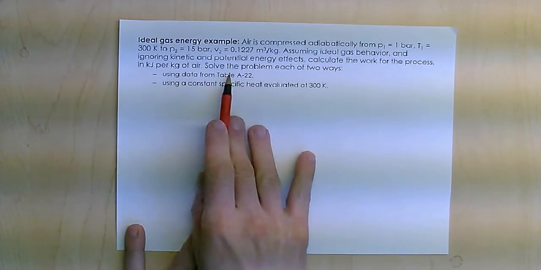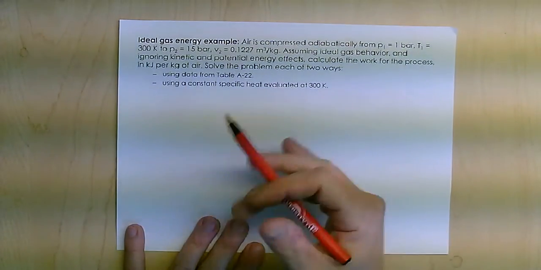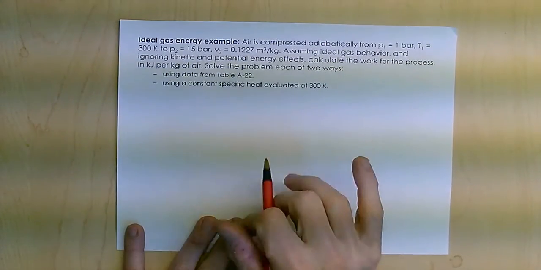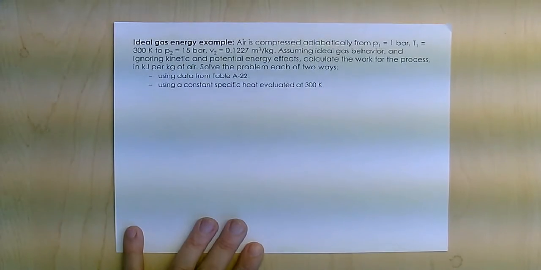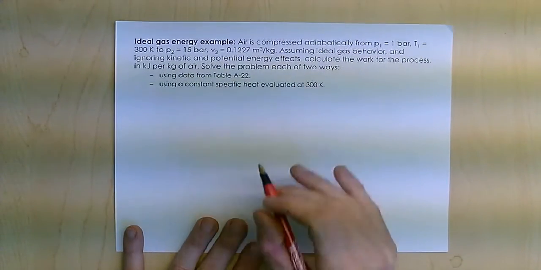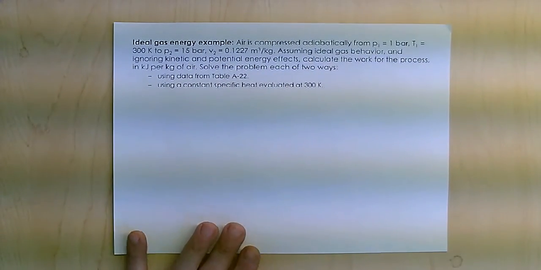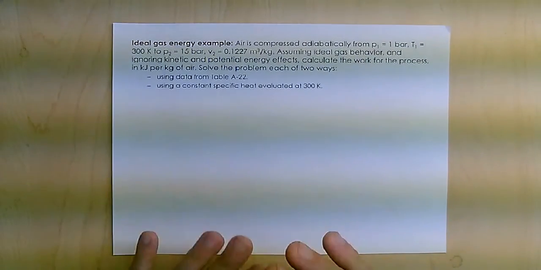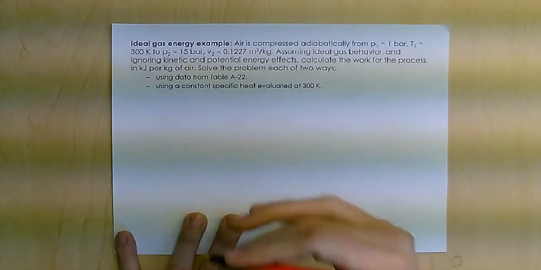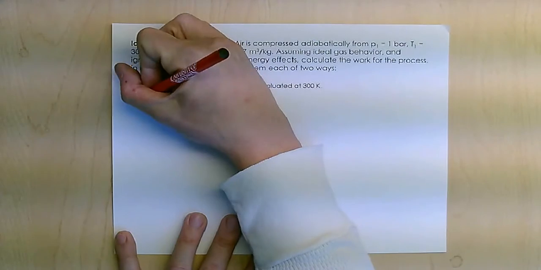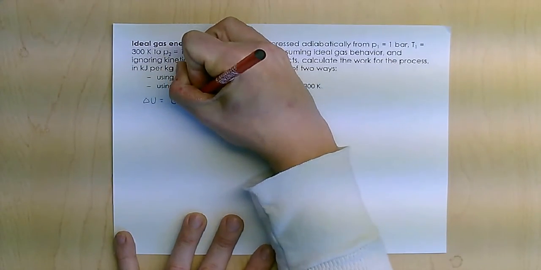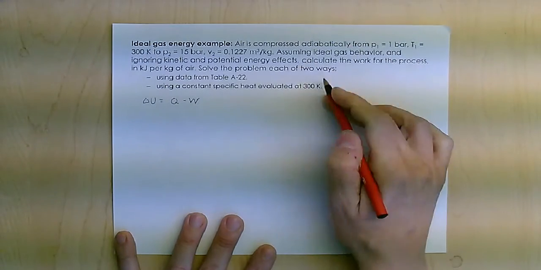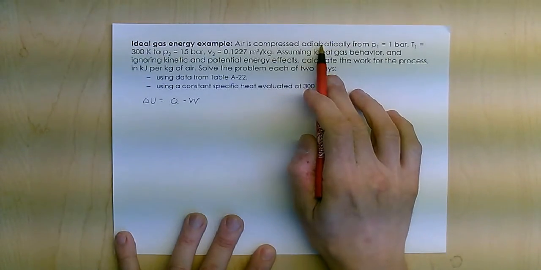One, my preferred way, using table A22, and the second, using constant specific heat evaluated at 300 Kelvin. So we'll take the first way first. Now I'm going to use my first law equation, which is delta U equals Q minus W, where Q is 0 because it's adiabatic.